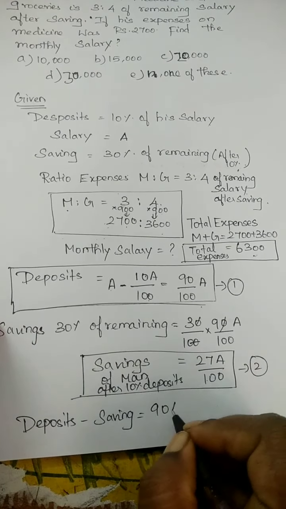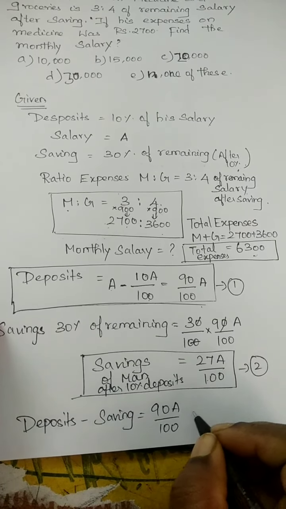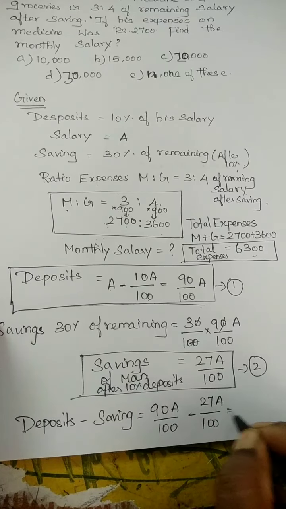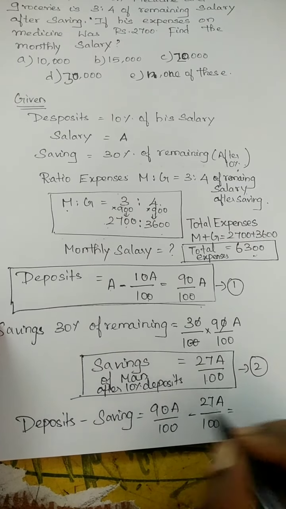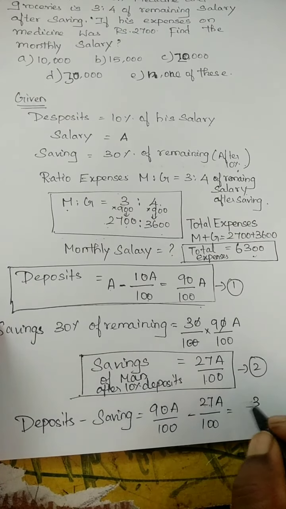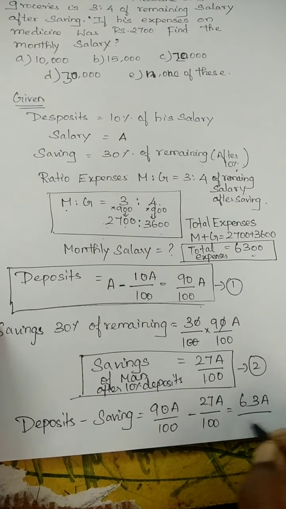So 90A by 100 minus 27A by 100. What will we get? 10 minus 7 is 3. Here 8, 8 minus 2, 6. 63A by 100.